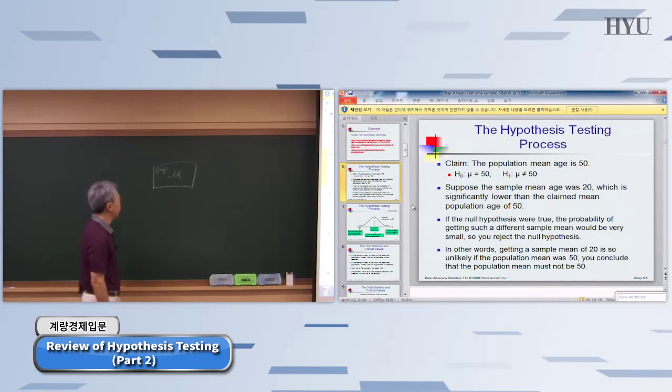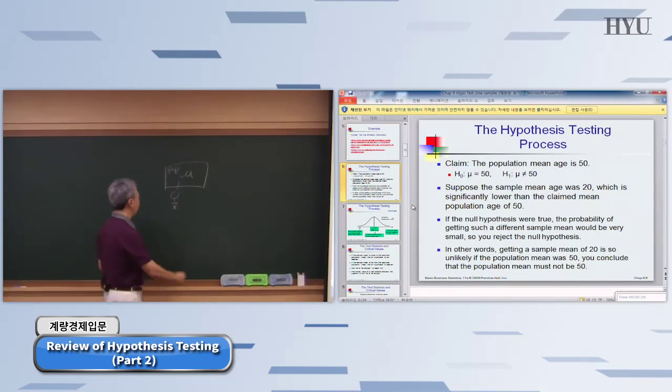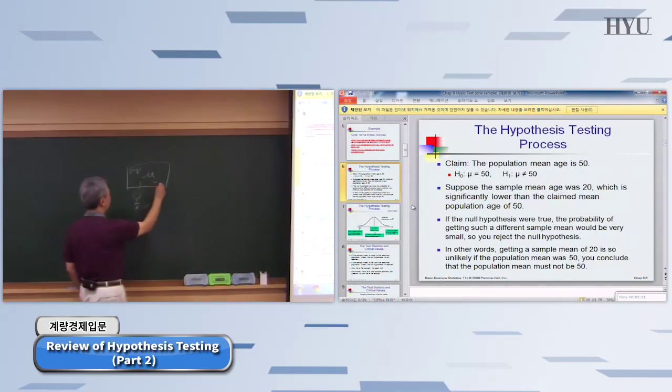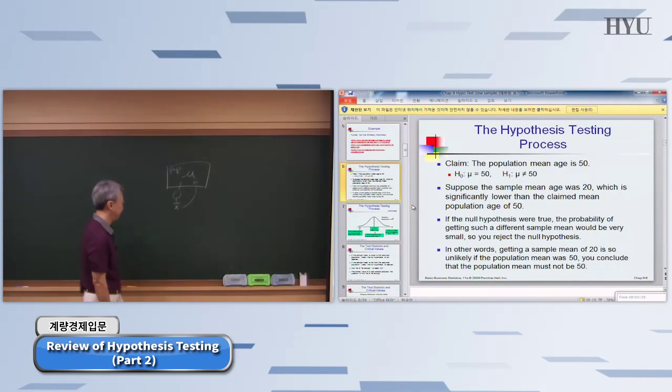But since the population is usually too large, too expensive and too time consuming to process all the observations in the population, we take a small sample, and then calculate the sample statistic, and then we're going to make a guess on the population mean based on the sample mean.